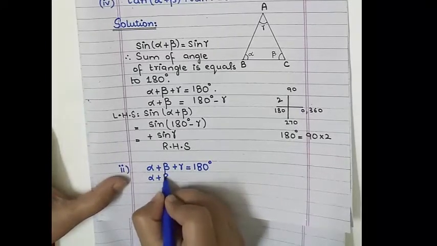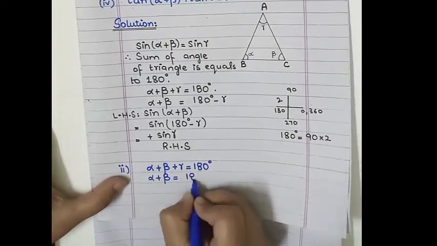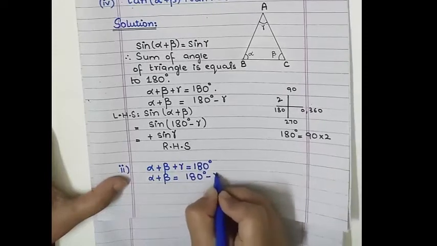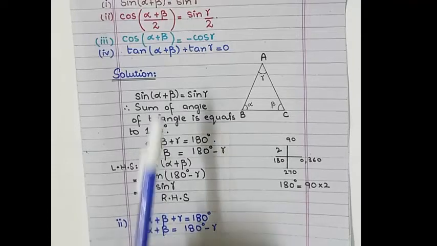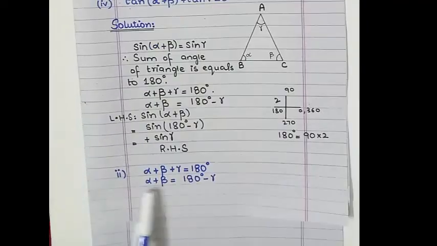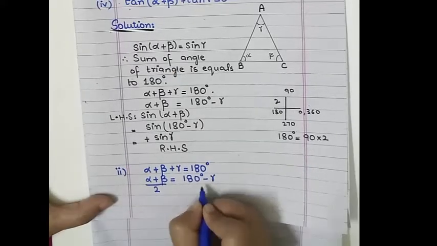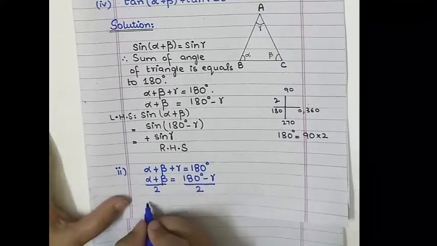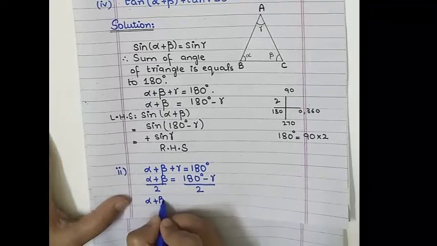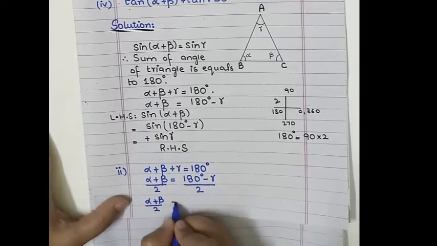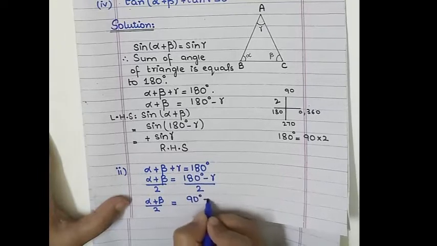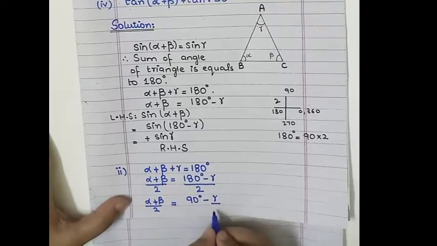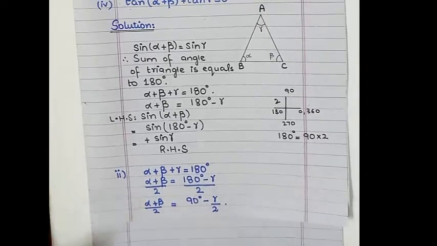So we will form our equation accordingly. Now we have to find the value of alpha plus beta over 2, so we will divide the whole equation by 2. From here we have alpha plus beta over 2 is equal to 180 over 2, that is 90 degrees, minus gamma over 2.